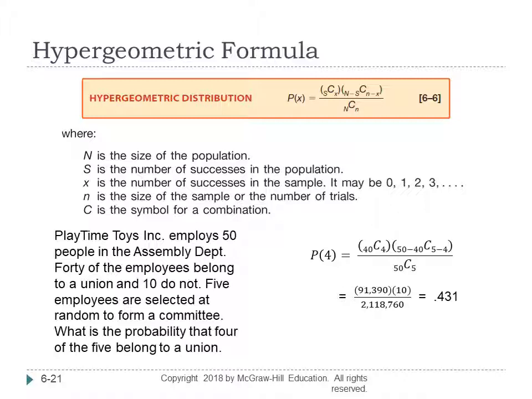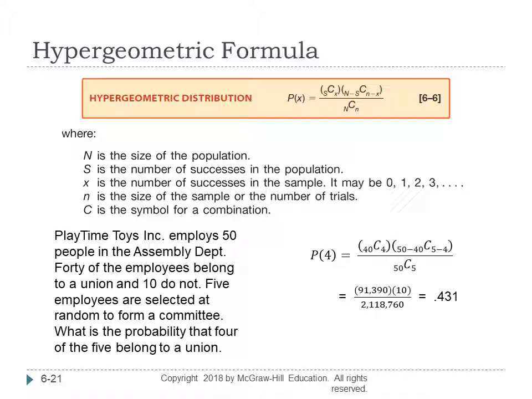Of course, applying the formula, you want P of 4, x is equal to 4. Take S, the number of successes, which is 40, choose 4, that's the value for x, multiplied by 50, which is capital N, minus S, so 50 minus 40, choose 5 minus 4. Of course 5 is small n, the size of the sample, and 4 is the number of successes, the value for x.